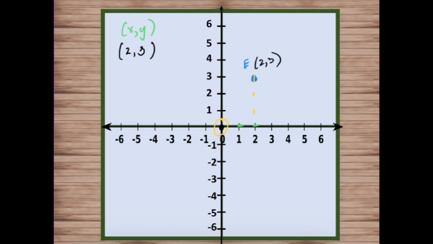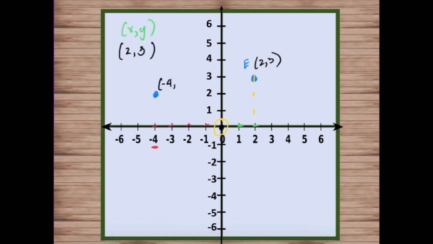Okay? And next, let's say that we have a point somewhere here. Say it's somewhere here. So again, from the origin, that's where we start. 1, 2, 3, 4. But as you can observe, since we move to the left, the number for x should be negative. Okay? So our x here is negative 4.